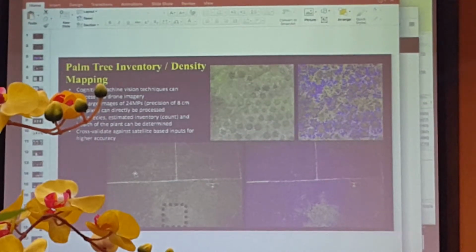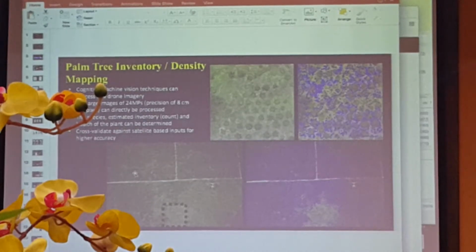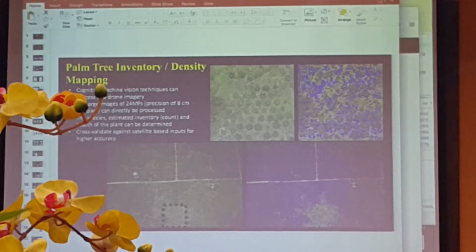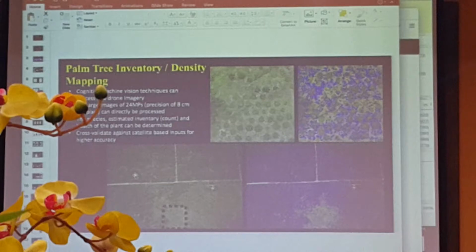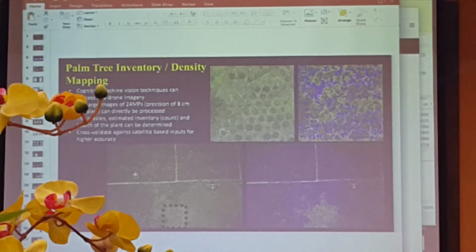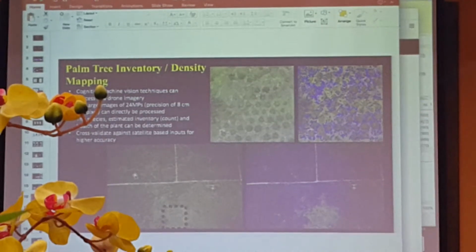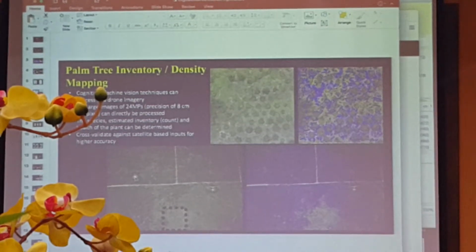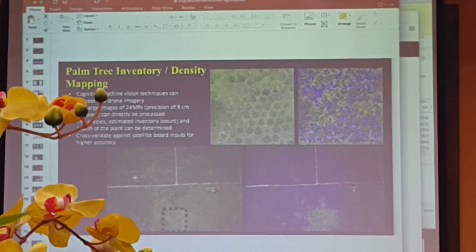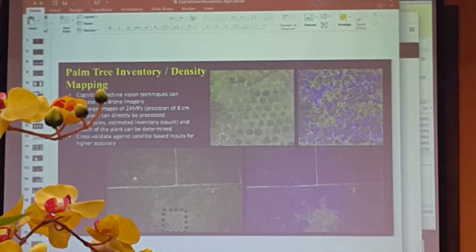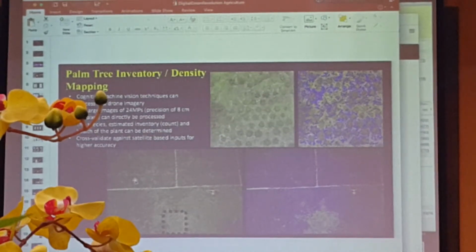But the good part is that even before the product is ready for harvest, you can actually start to know how much this harvest is going to be, and then you can plan your production accordingly. Because there is a lot of planning that goes into harvesting also.